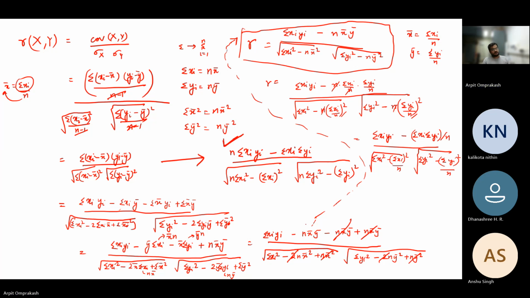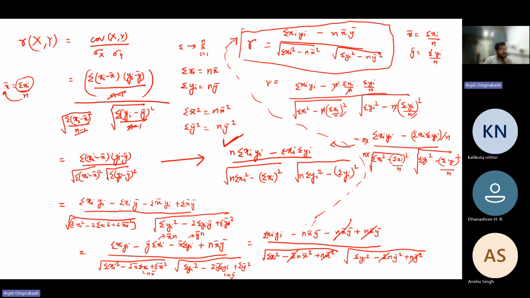Right. So here what we can do is to take the n to the numerator in both the upper and lower terms. We can multiply by n on both the upper and the lower side. So what we have is basically this formula.